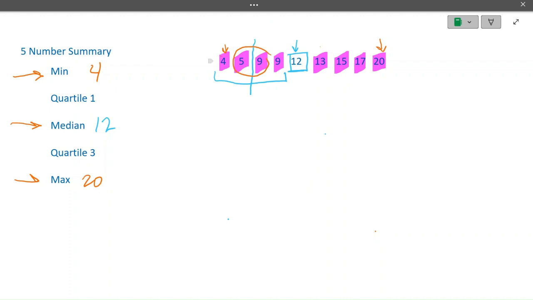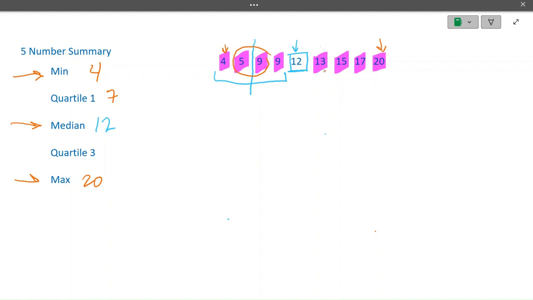I can do that in my head. I know that the middle of 5 and 9 is 7. For data sets where that's not as clear, you can add these numbers together and divide them by 2. It's the same thing in every data set. So I know that 25% of this data set lies below the number 7 and 75% lies above the number 7. Okay, that's what this quartile 1, or the lower quartile, is telling us.